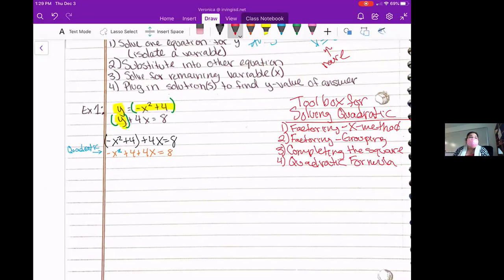So I'm gonna subtract 8 from both sides, and we're gonna end up with negative x squared plus 4x minus 8, combined like terms. We're gonna end up with negative x squared plus 4x minus 4. Set that equal to 0.